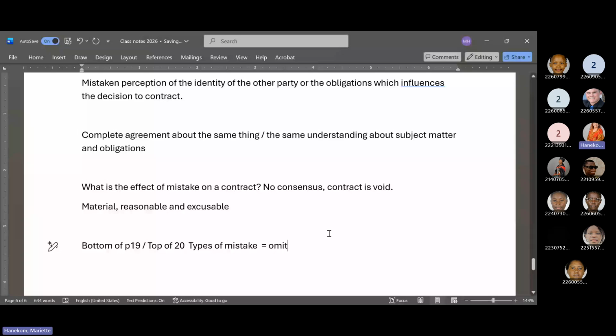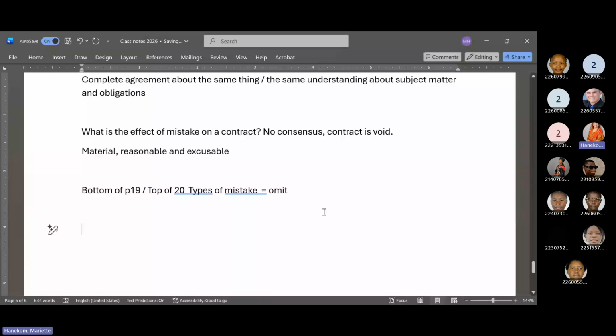The next factor that can influence consensus is misrepresentation. What is misrepresentation?